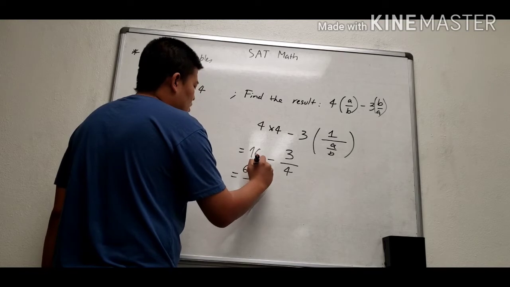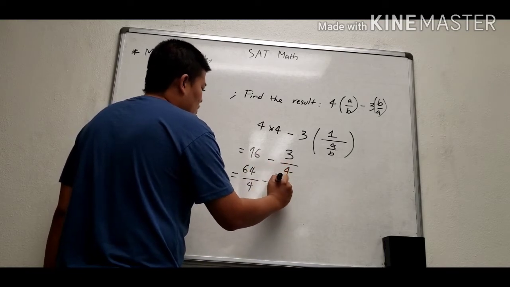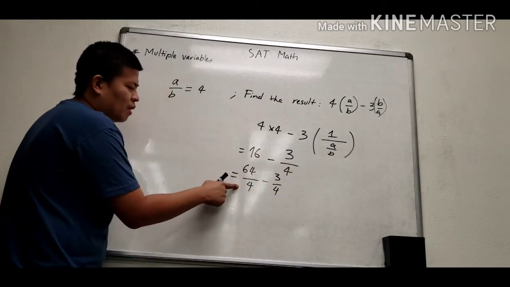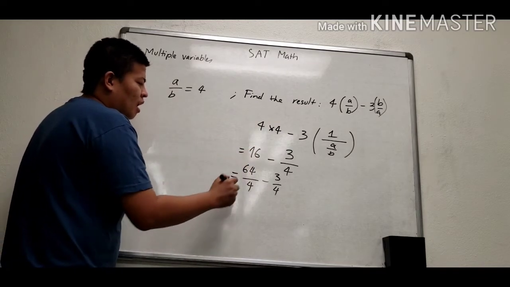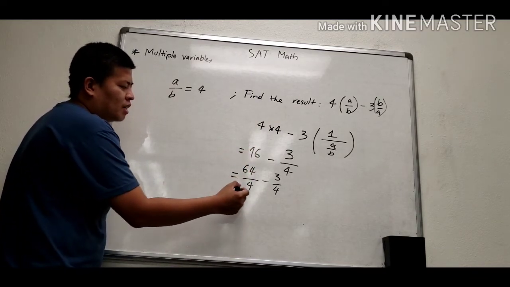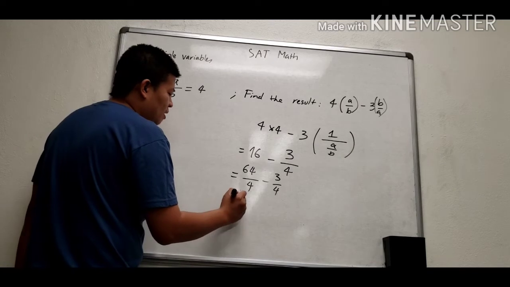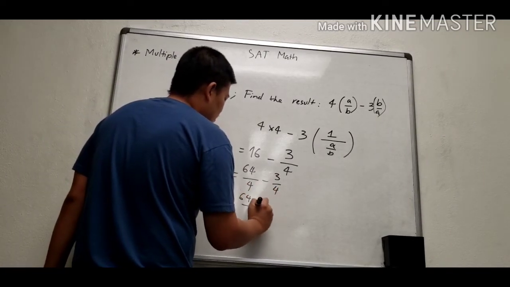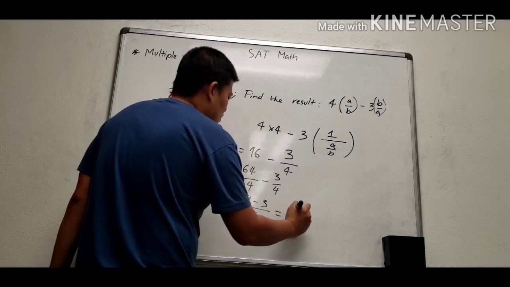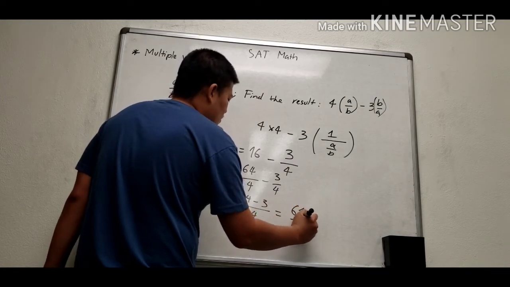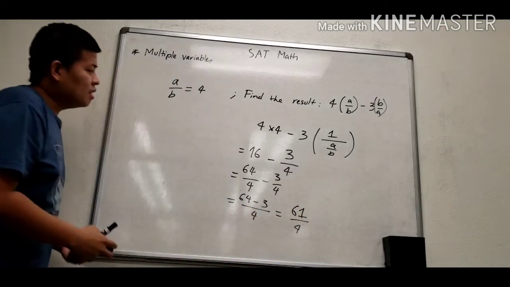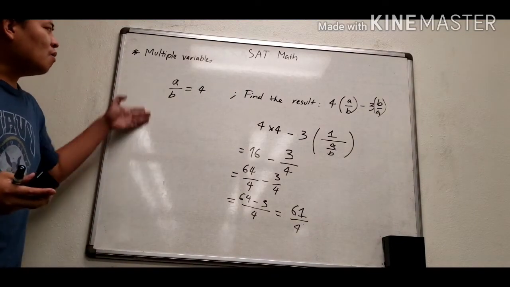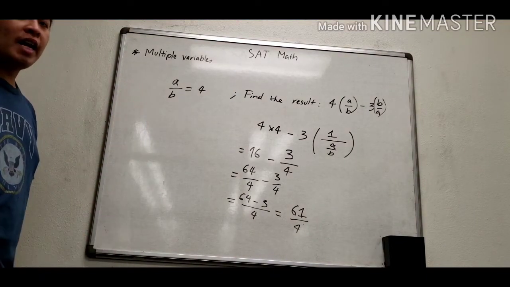It is about 64 minus 3 over 4. 64 divided by 4 is about 16, and we need to find a common denominator, so that we can multiply together. So you get about 61 divided by 4. This is the basics of multiple variables on the SAT math.